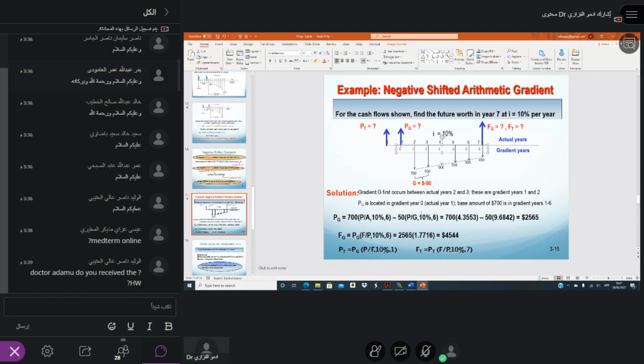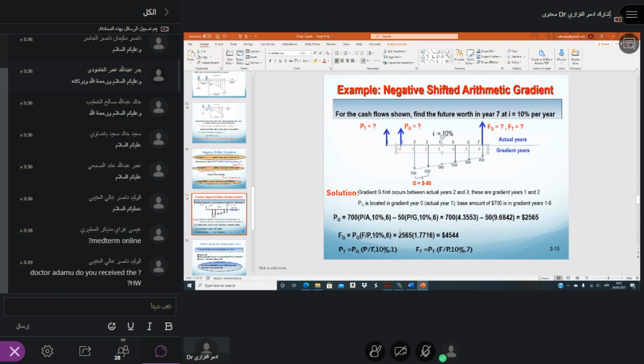And once you have PG, you can calculate either this one or this one. So if you want to calculate PT, the present total, you have the future amount, which is this guy that you just calculated. You put it here, you do the calculation at year 1, because it is at year 1. That is what you have.